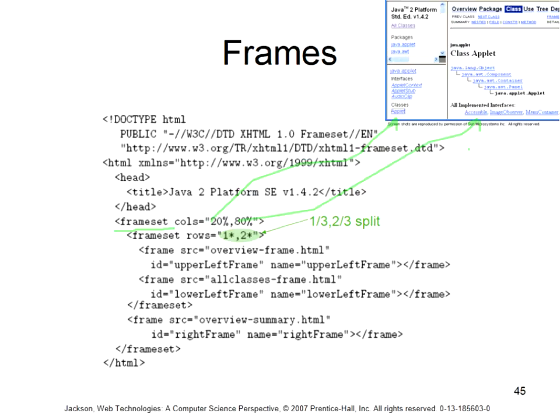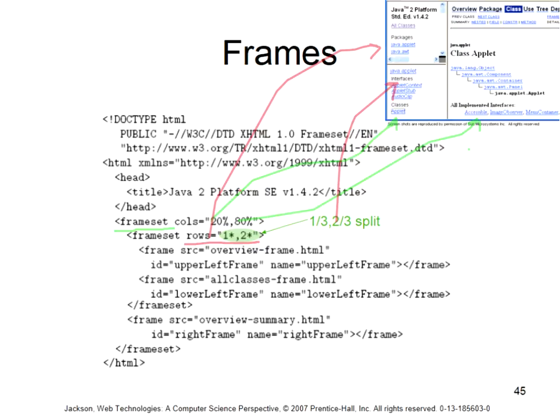After that, when I write frameset rows equal 1 star, 2 star, that means I will split rows into 1 divided by 3 and 2 divided by 3. So I can divide my area into some parts, and in each part I must specify the file.